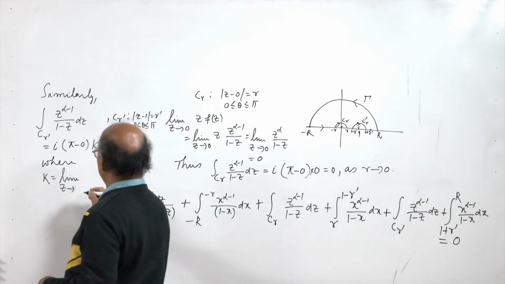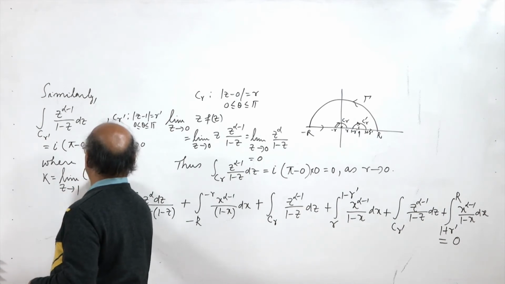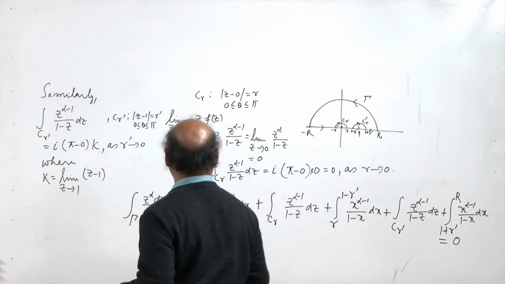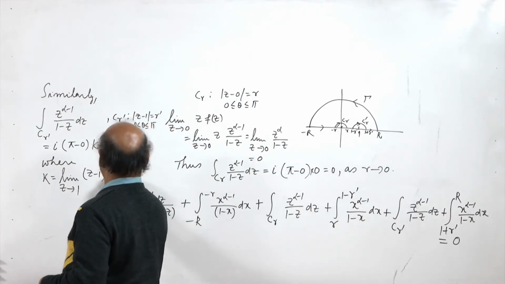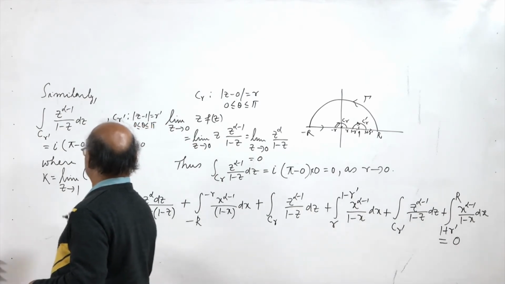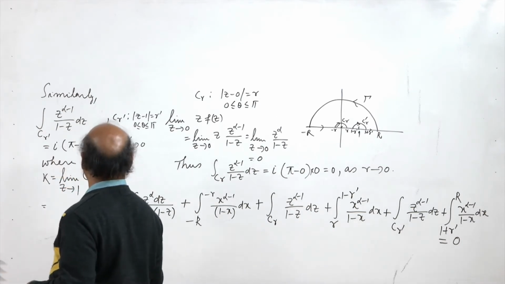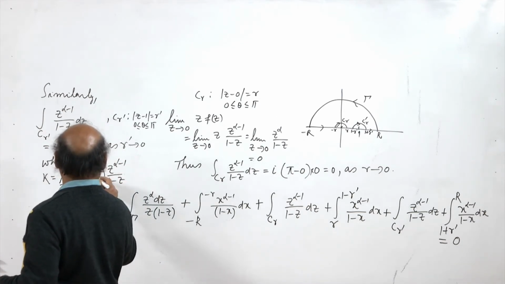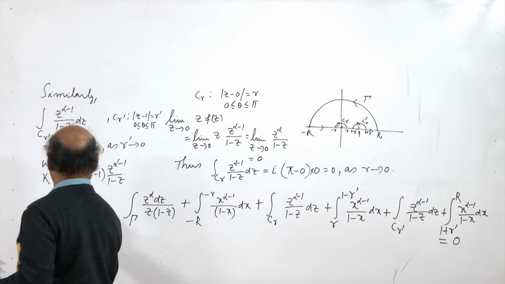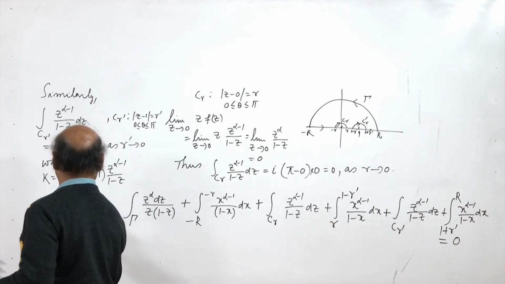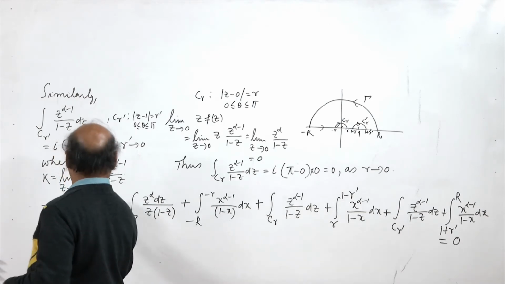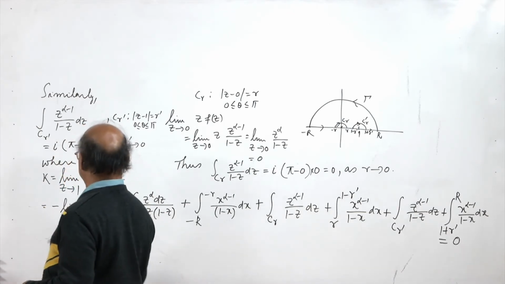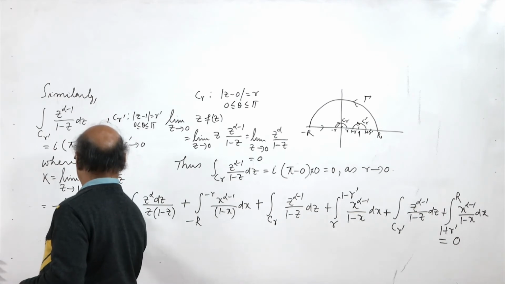So, limit z tends to 1, z minus 1 into f of z. f of z is equal to z to the power alpha minus 1 divided by 1 minus z. So, this is minus limit z tends to 1, so this will cancel with this, we will get minus 1 times z to the power alpha minus 1. So, this is equal to minus 1.